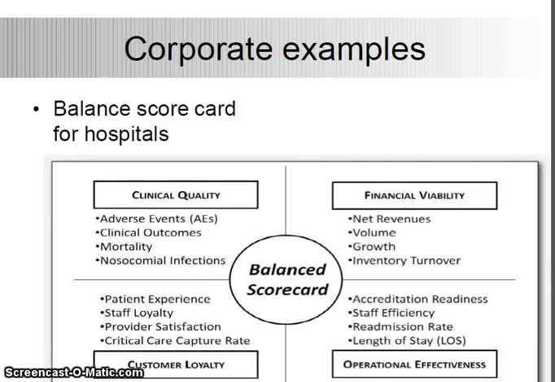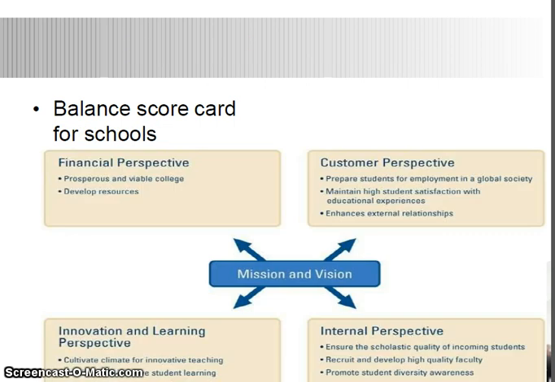So this is a sample balanced scorecard for hospitals. Here the perspectives are different: financial, operational, customer, and clinical perspective. In each perspective, I have listed the various key factors in achieving it. Similarly, we can apply this for schools.